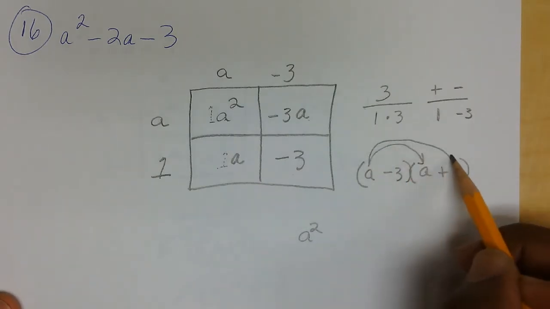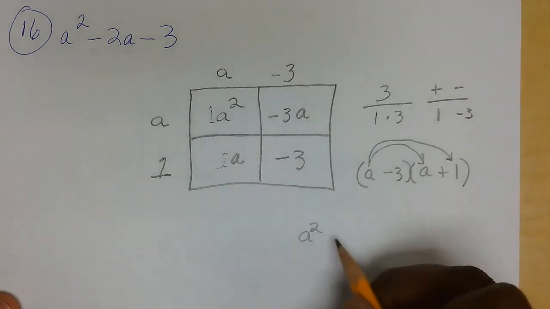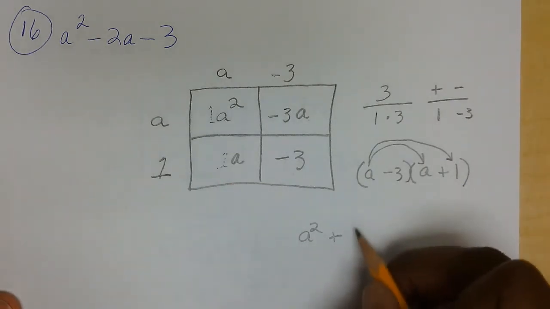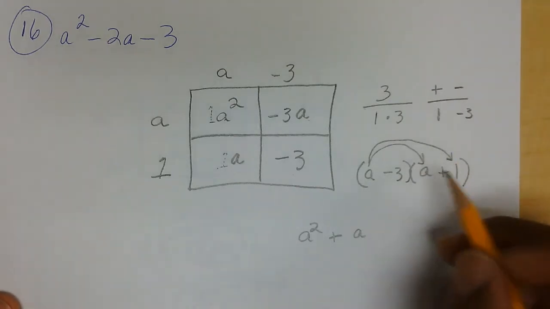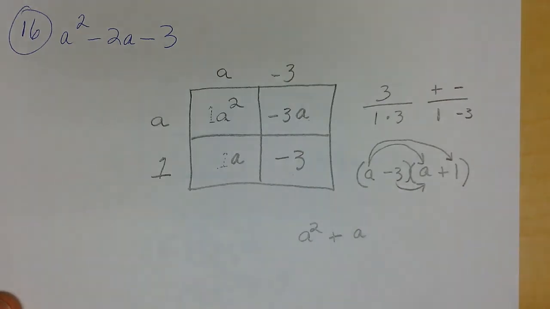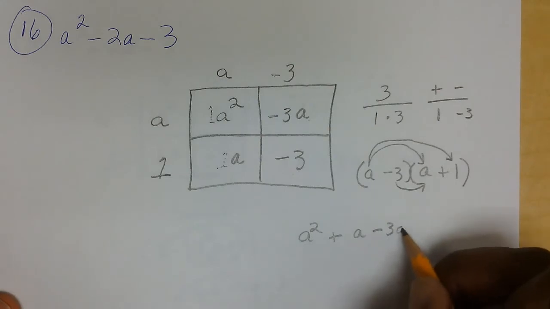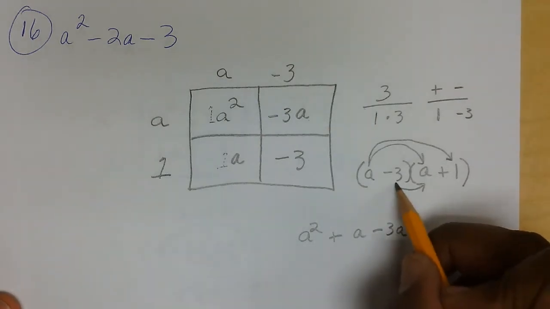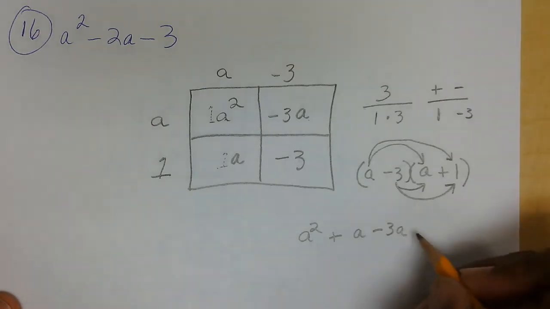First term times the outer term, so that's A times 1. That's just going to be plus 1A, so I'm just going to write A. My inner, negative 3 times A, so minus 3A. And then the last, negative 3 times a positive 1 is a negative 3.